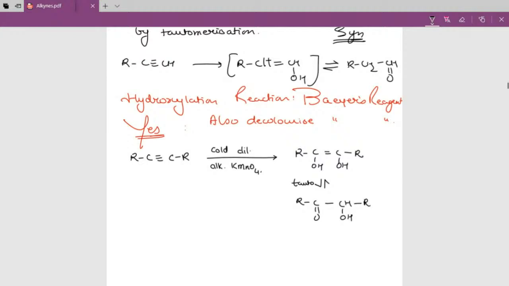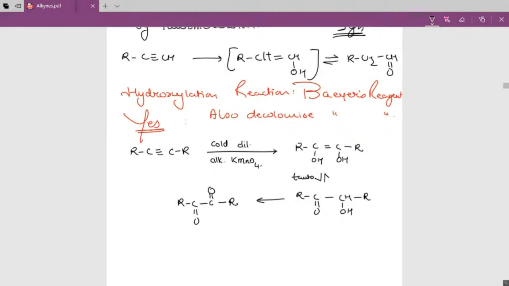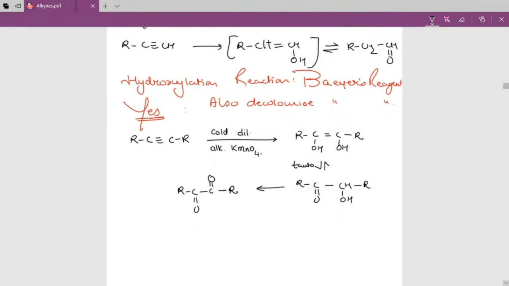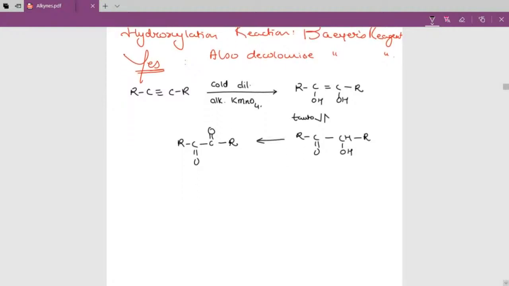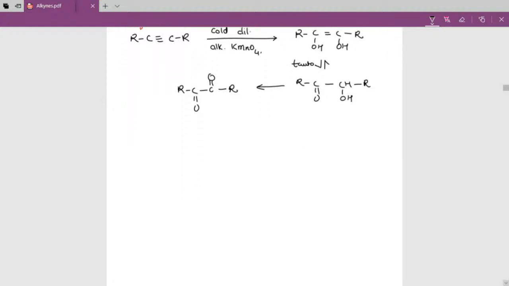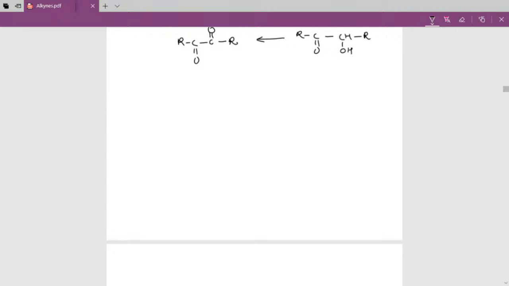Okay, now this alpha hydroxy is also very easy to oxidize. It will also change to this type of thing. Okay, ultimately I'll have 1,2 diketo systems or alpha hydroxy. These two will be present in there. Correct. So they give decolorization of Baeyer's reagent. Till here I hope you are okay.